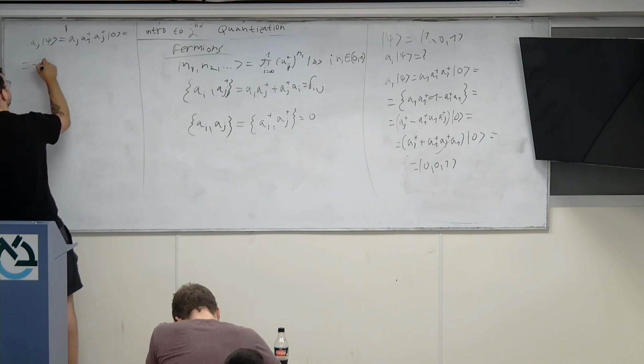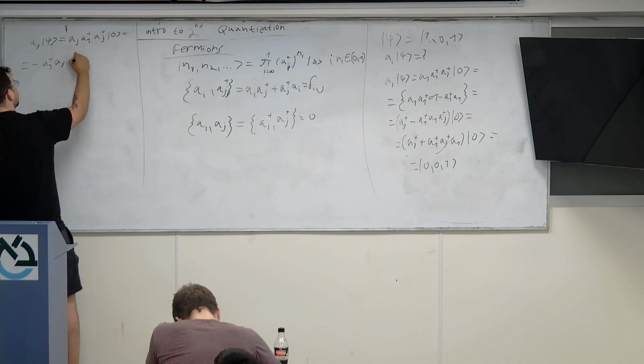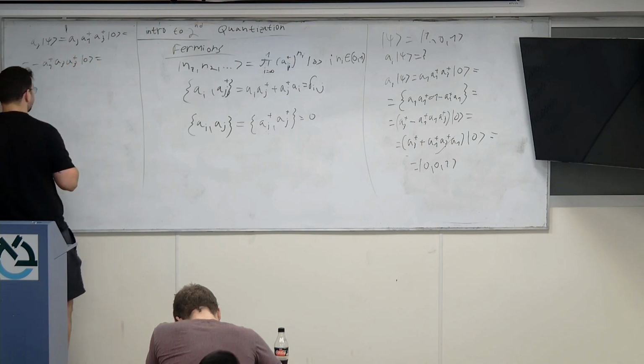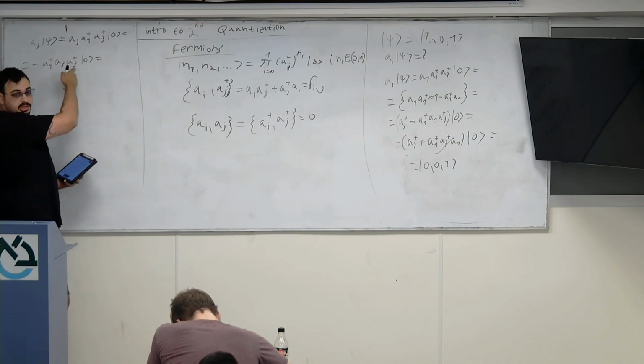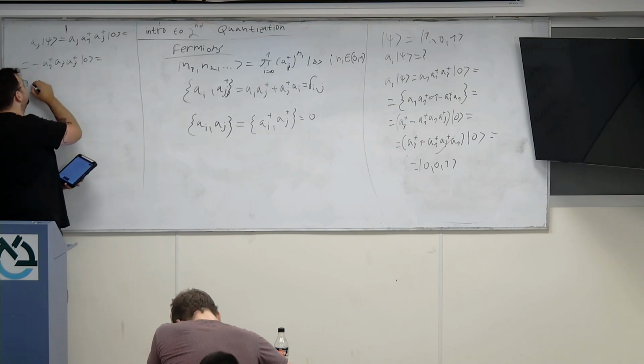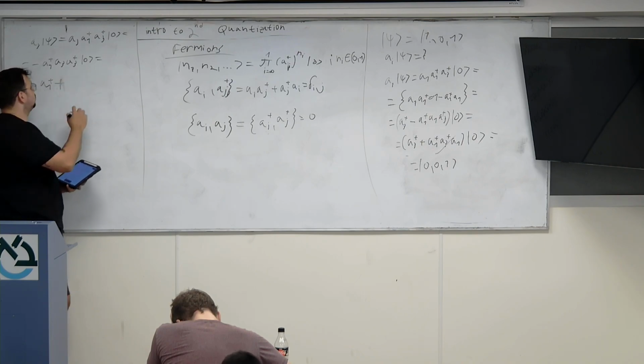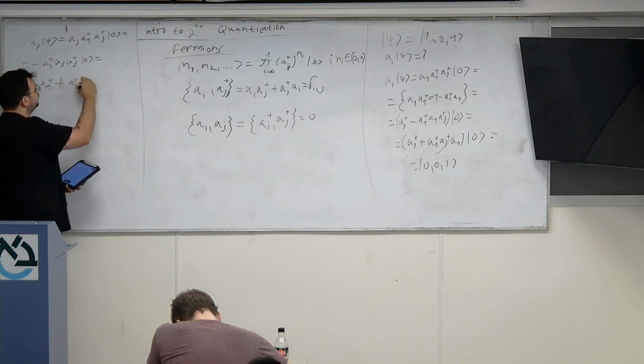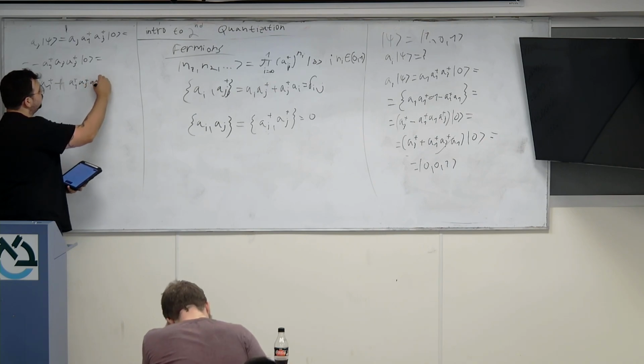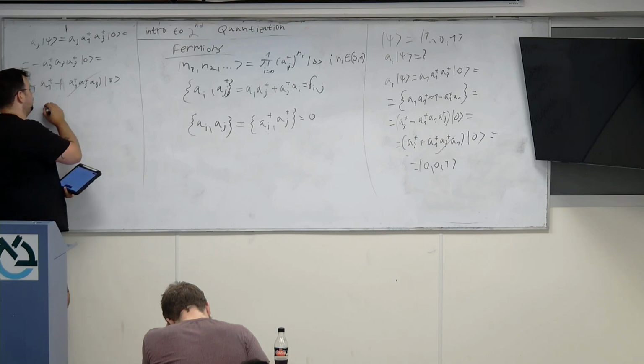Again, switching between them, to the minus A1† A3† 0. And again, switching between them, this will be minus A1† plus A1† A3† A3 0. This one gets removed. Then we get minus 1 0 0.